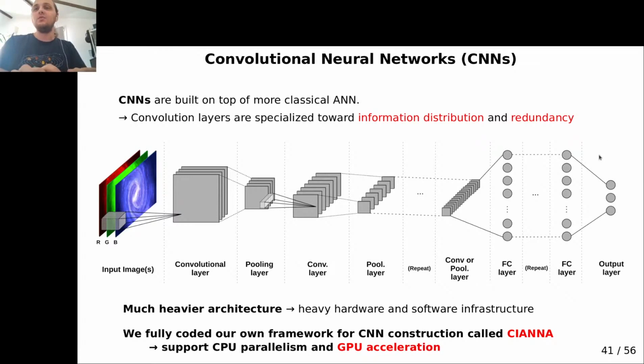At the end, it is usually connected to a much more classical neural network architecture. Since those are much heavier architectures, they usually require dedicated hardware and dedicated software. In our case, we fully coded our own framework for convolutional neural networks that can be trained on GPU, for example, or CPU if we want.